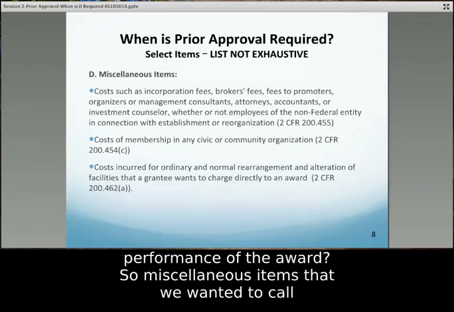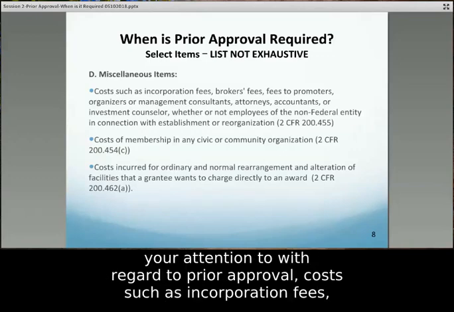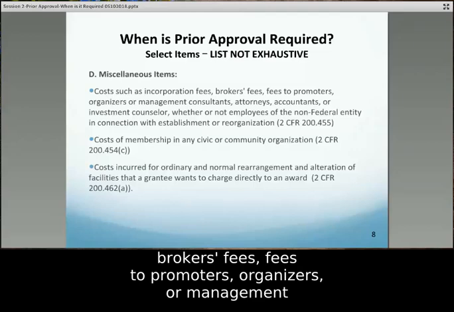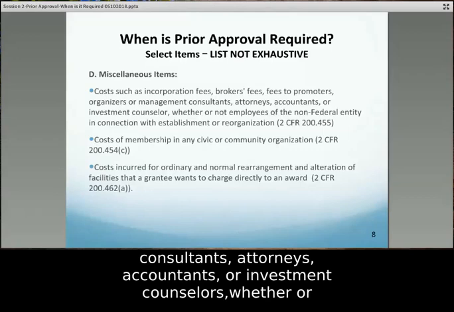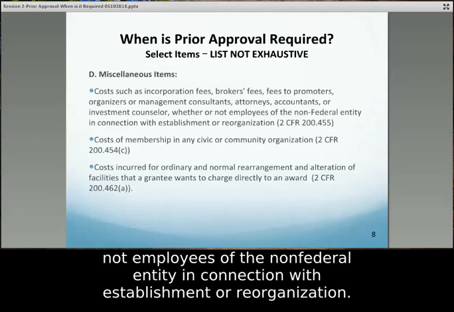Some miscellaneous items that we wanted to call your attention to with regard to prior approval. Costs such as incorporation fees, broker fees, fees to promoters, organizers, or management consultants, attorneys, accountants, or investment counselors, whether or not employees of the non-federal entity, in connection with establishment or reorganization.